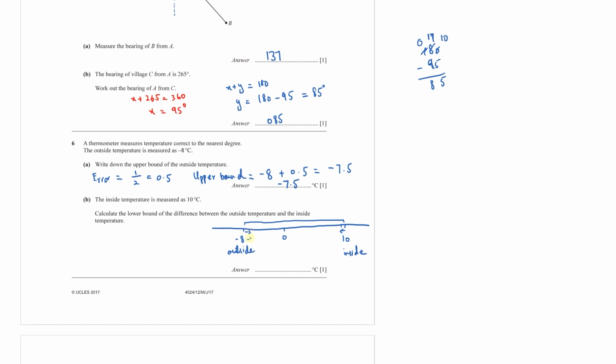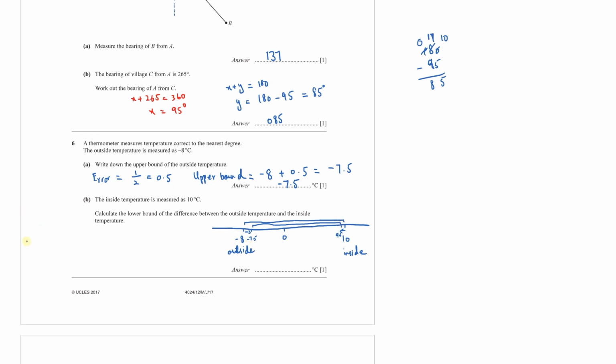That will be minus 7.5, since our error is 0.5 and we found the upper bound of the outside temperature to be minus 7.5. And the lower bound for 10 will be 9.5. That means this will be the smallest possible difference between the inside and outside temperature.